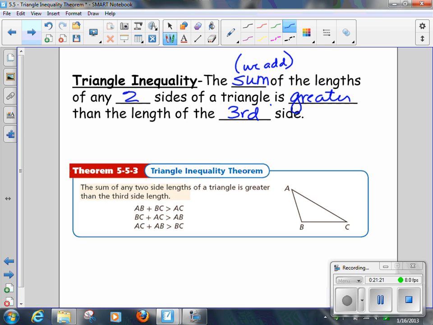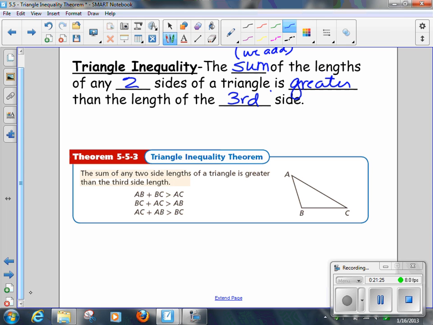Here's the way I remember it, okay? Because y'all know I always have a twist on these. My twist is this. You want to take short side number 1 plus short side number 2. Their sum better be greater than the longest side.